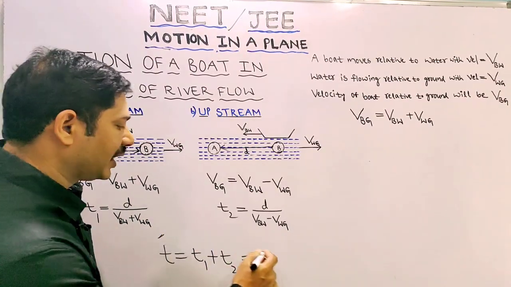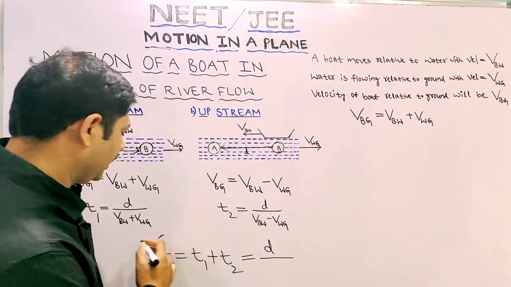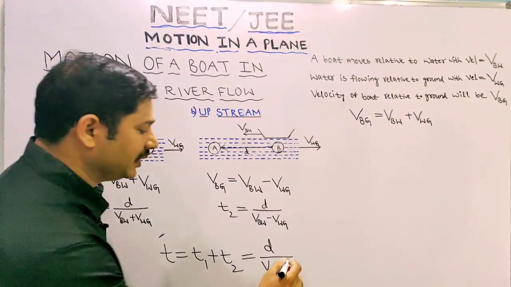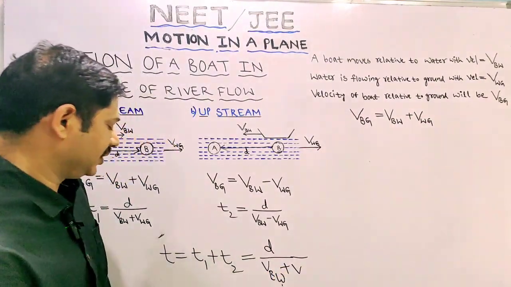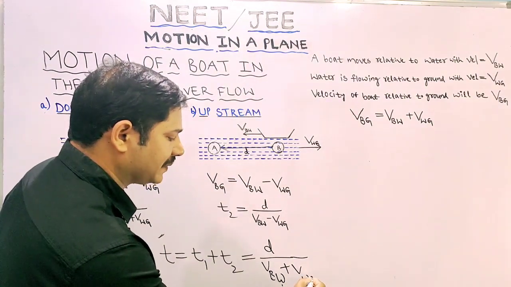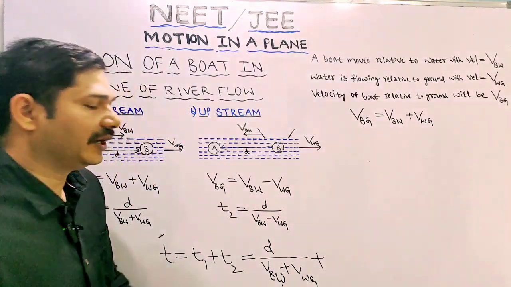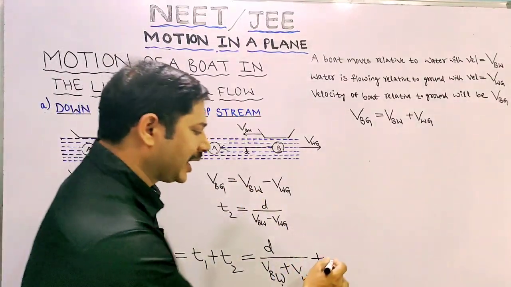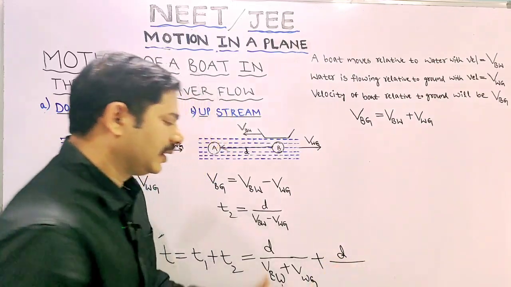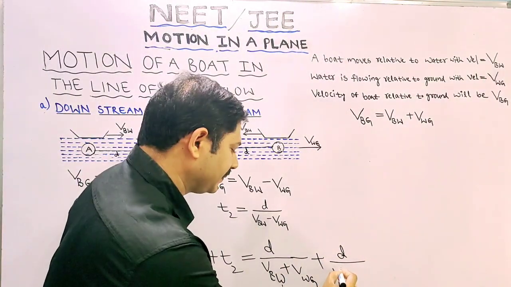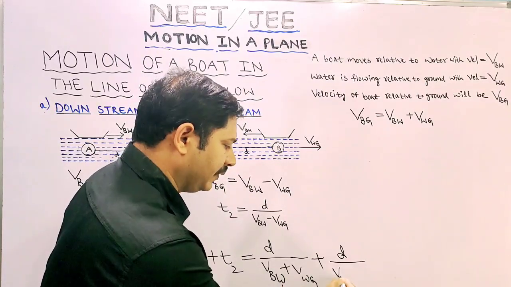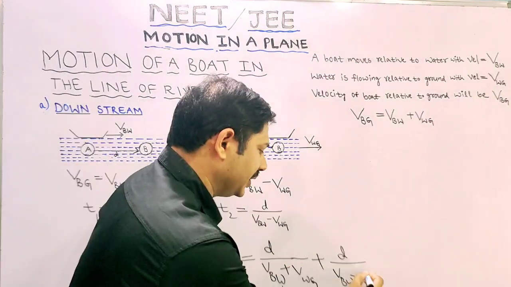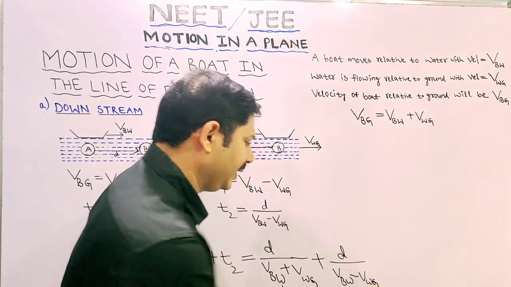Here T1 is D by (VBW plus VWG), the relative velocity of water with respect to the ground, and the upstream time is D by (VBW minus VWG).